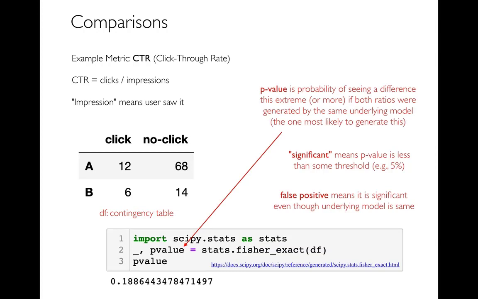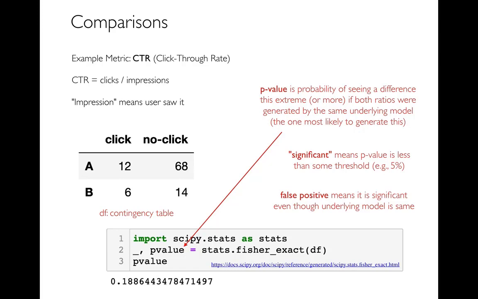That p-value is telling me, let's assume the null hypothesis. The null hypothesis is that there's actually no real difference between A and B. They're the same underlying, and I don't know exactly what the click versus no click ratio is, but it's the same for both. And we take two samples. There's some noise, right?